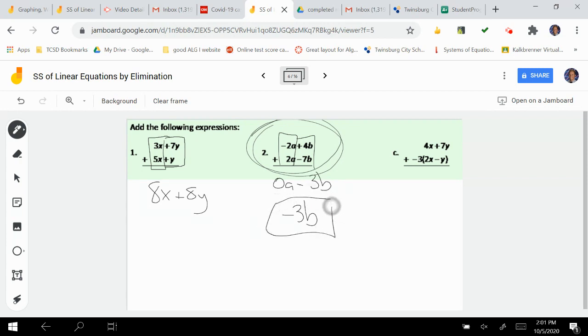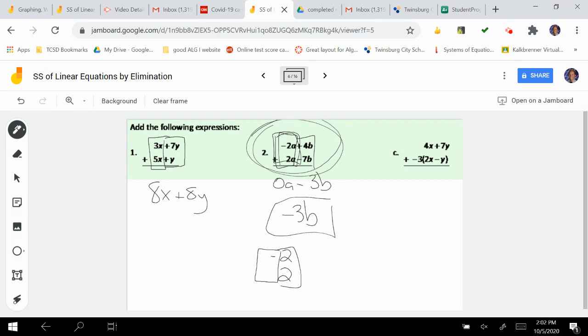We had a's and b's to start, and now we only have b's. So we eliminated our a values. And if you notice, we have a negative 2 over top of positive 2, so these two have opposite signs and the same coefficient. That is going to be our goal for today, this example right here.